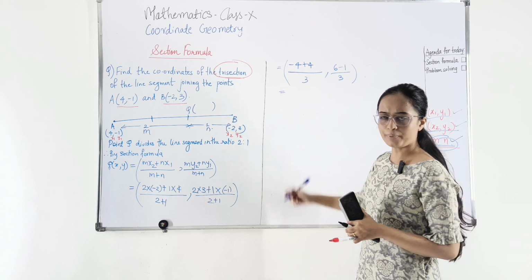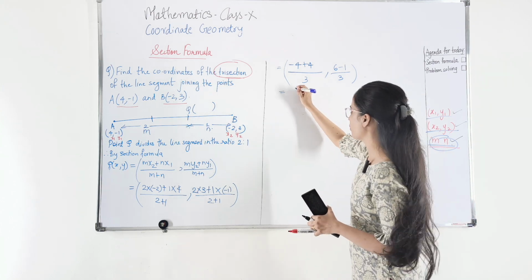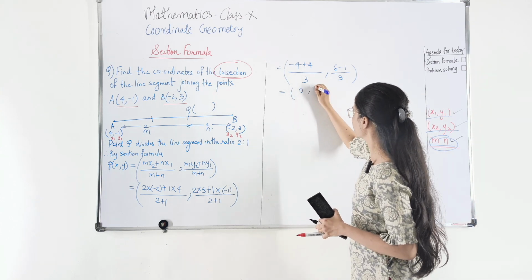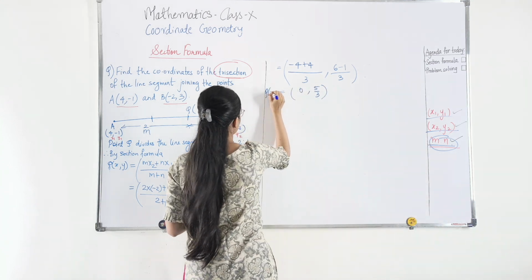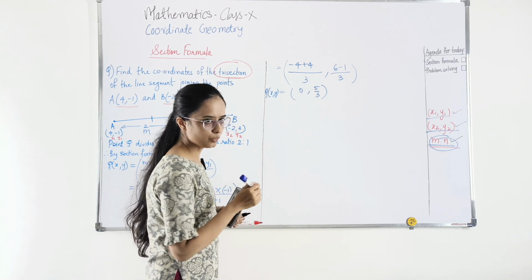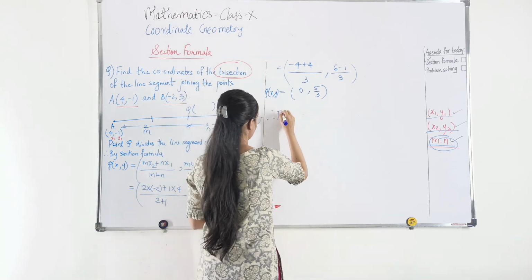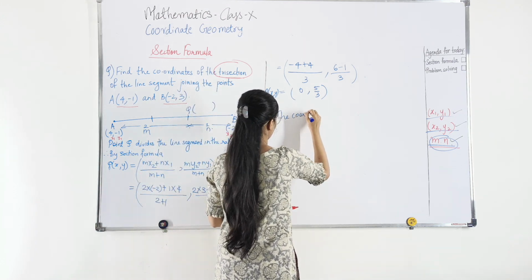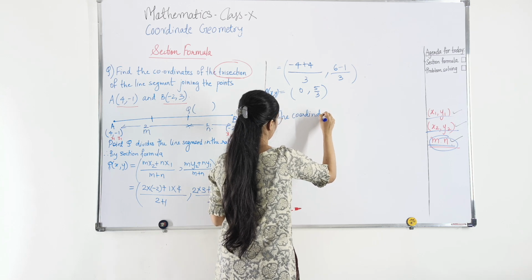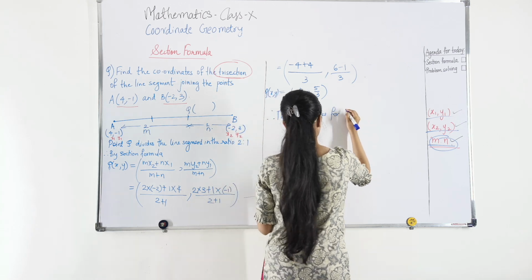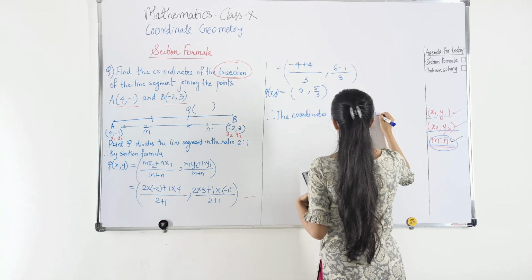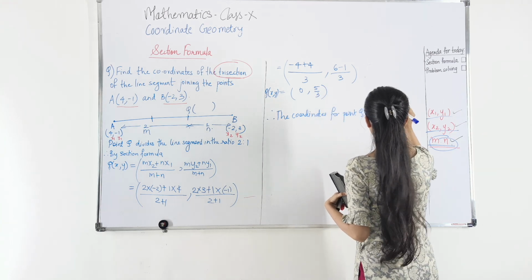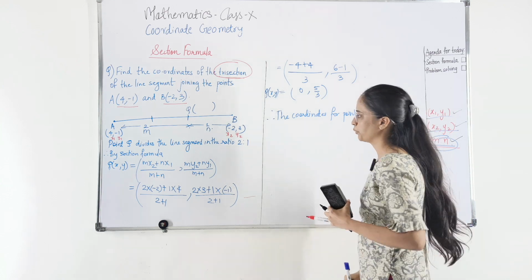So minus 4 plus 4 is 0, and 0 upon 3 is 0, and 6 minus 1 is 5 upon 3, and these are the coordinates for Q. Therefore, the coordinates for point Q are 0, 5 by 3.